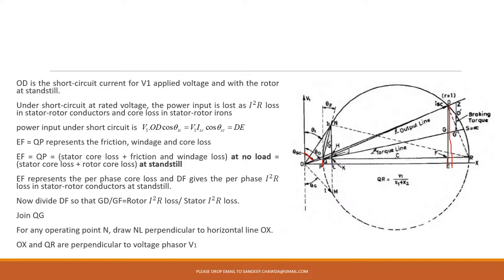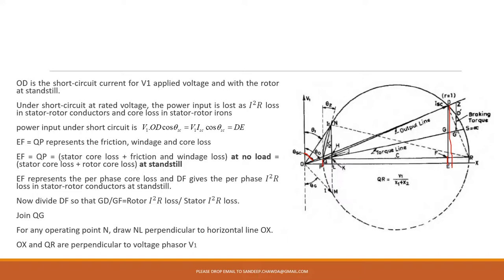So this DF, from here to here, gives you the per phase I square R loss in stator and rotor conductors during standstill condition. This EF is basically your stator per phase core loss, and this value DF will be your I square R loss in stator and rotor conductors at standstill.